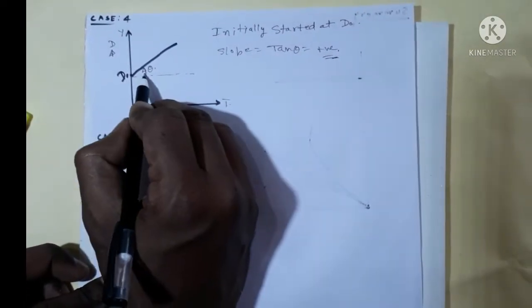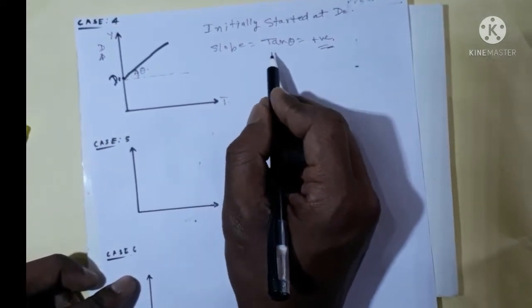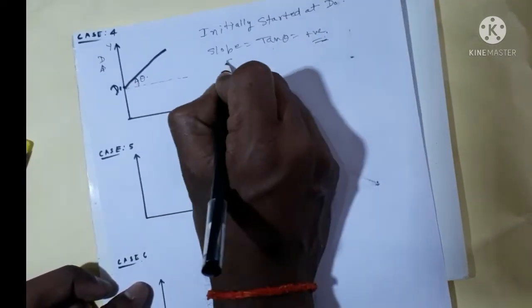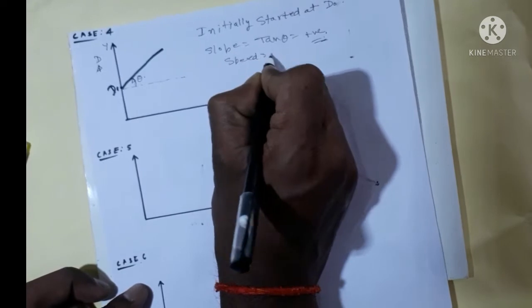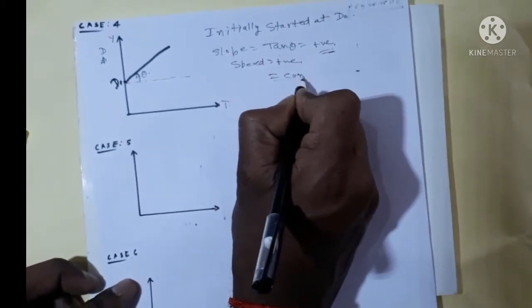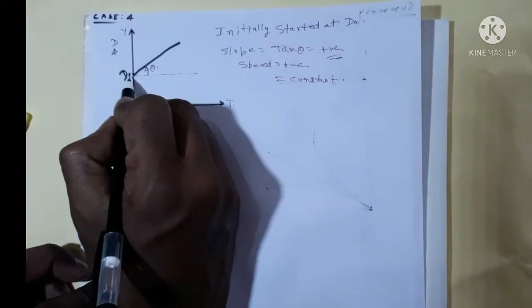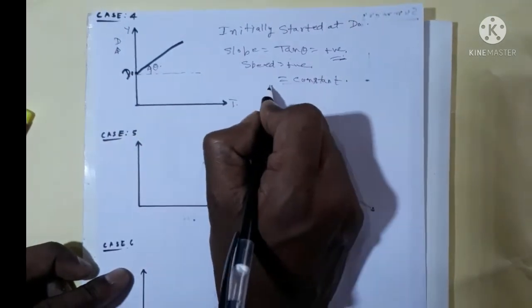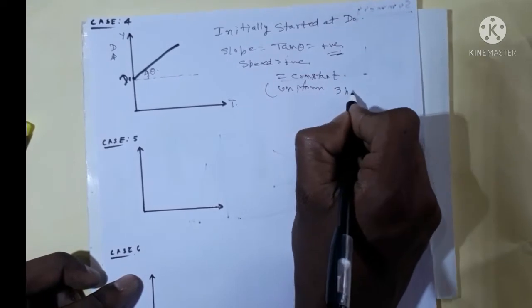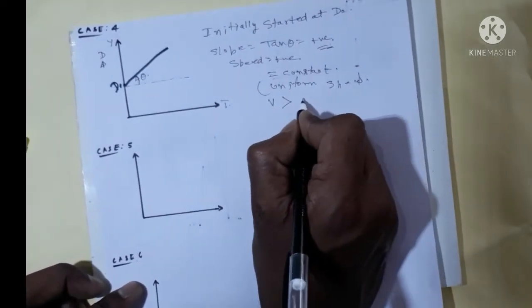Because the value of theta is less than 90 degree and the value of tan theta less than 90 degree is positive, so speed is positive and constant. Same as case 3, but started from d0. So this type of graph is uniform speed.